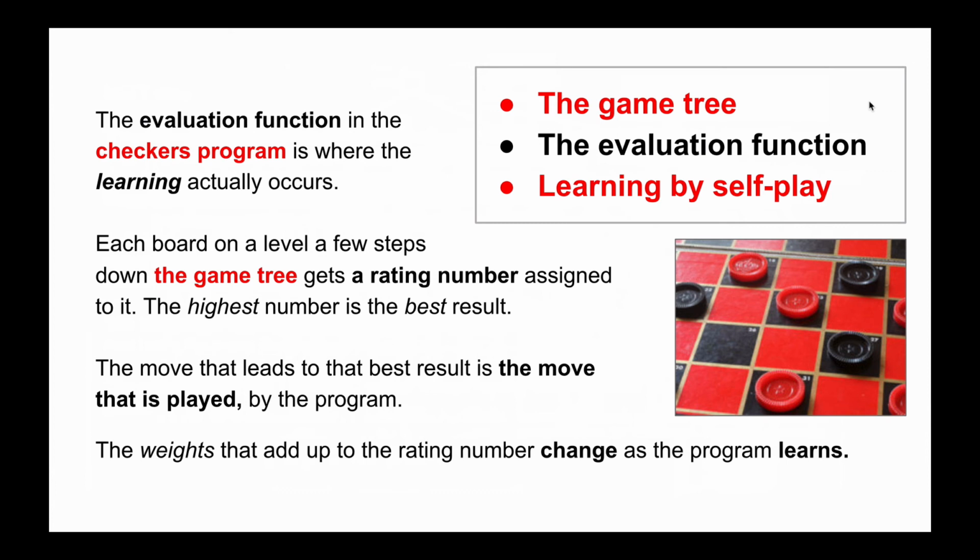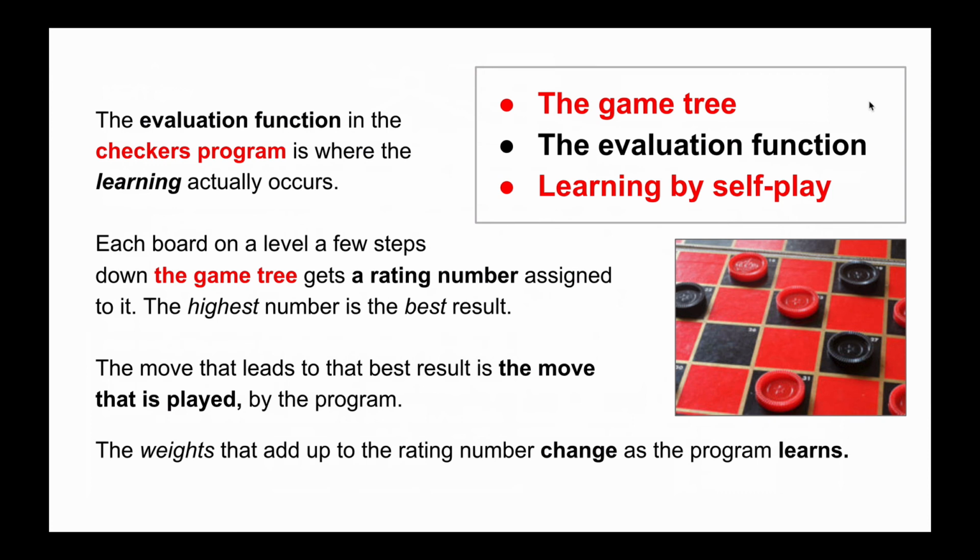Comparing the number of pieces left on the board for each player and the number of pieces that are kings for each player, and so on. Some math is done, and then there is a numeric rating for each board position. The best move right now is the move that leads to the board with the highest rating. So that's the move the program will choose to play.